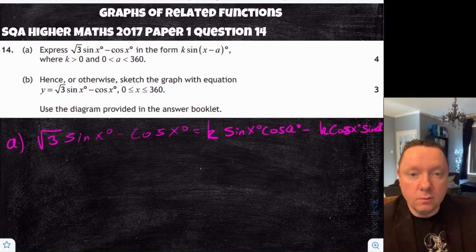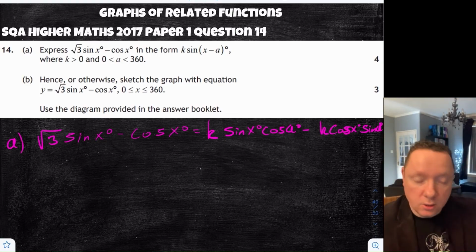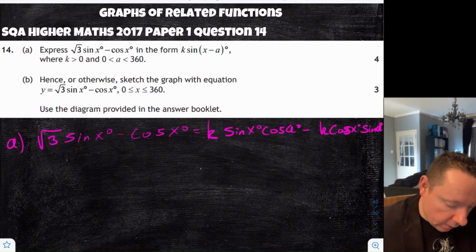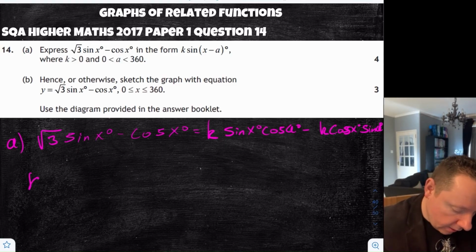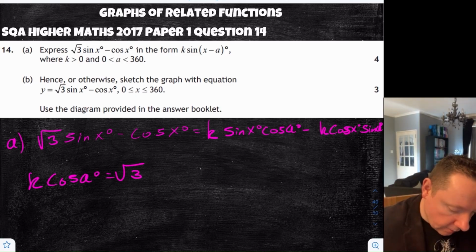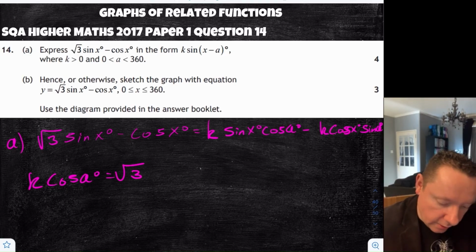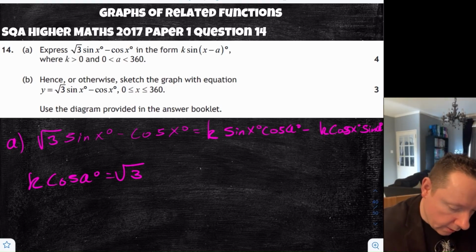Okay, so then we just equate the parts to each other. So if we look at the sine x first of all, we've got k sine x cos a, so that means that k cos a equals root 3. And similarly, looking at the cos x part, we've got minus k sine a equals minus 1. So we can just write k sine a equals 1.